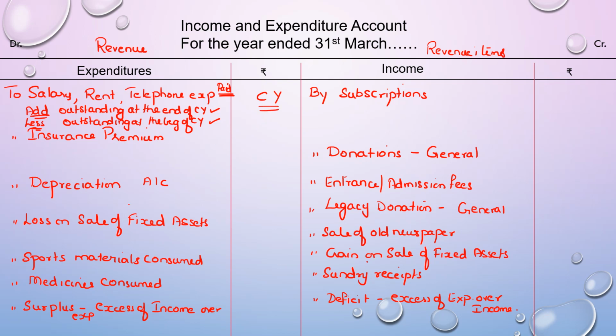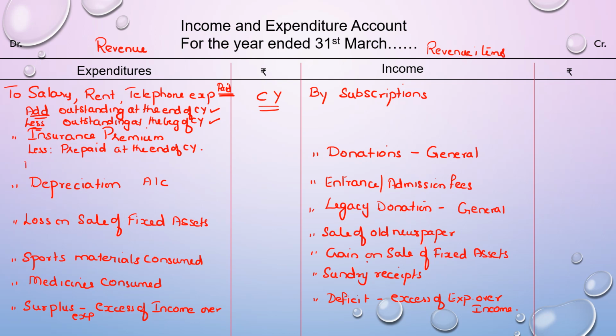Similarly, sometimes with prepaid insurance, you can find that you have paid insurance in advance. Under such circumstances, we would be subtracting the prepaid. Whatever has been paid in advance related to next year would be subtracted. So prepaid at the end of current year would be subtracted, whereas whatever was prepaid in the beginning was prepaid in the previous year but relates to the current year.